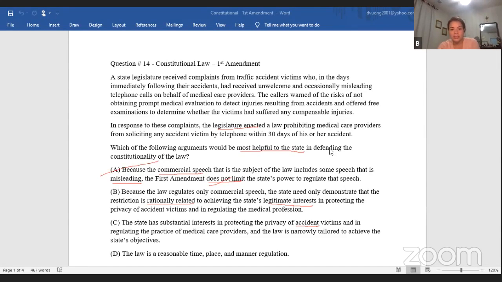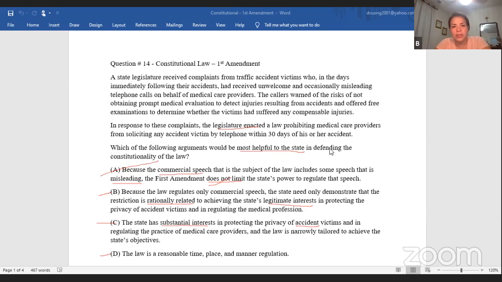So a substantial interest is with the highest scrutiny, which is, oh my God, rational, intermediate, and the heightened scrutiny. Okay, I don't know. I'm leaving C. D, the law is a reasonable time, place, and manner regulation. That's for commercial speech, I believe. Oh, I don't remember the law, Mr. V. I'm going to read the facts. I'm going to leave those three because this is the low scrutiny, high scrutiny, and this is time, place, and manner, which is also okay.